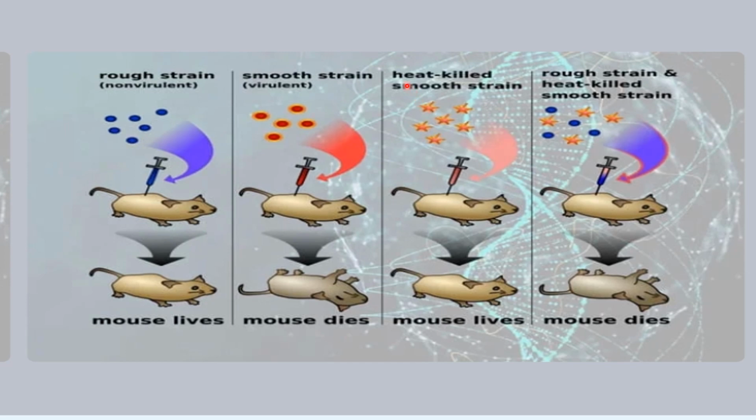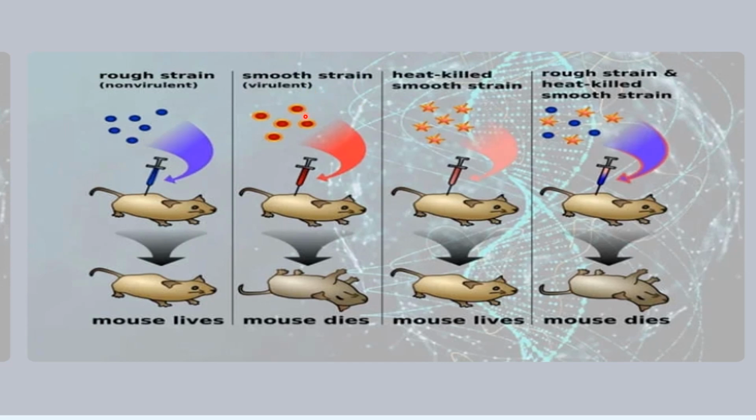In the third part of his experiment, he wanted to know whether the polysaccharide coat itself has a toxic effect or not. For this purpose, he heat killed the smooth strain.